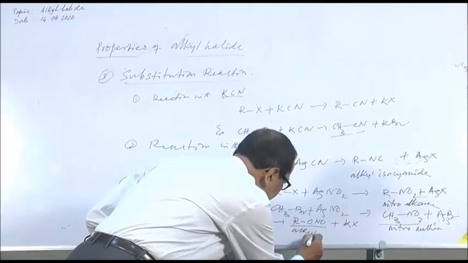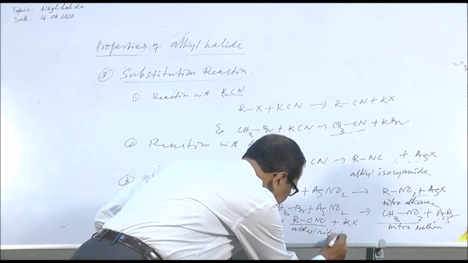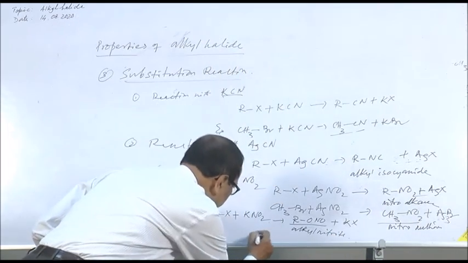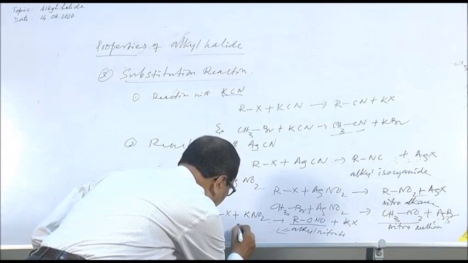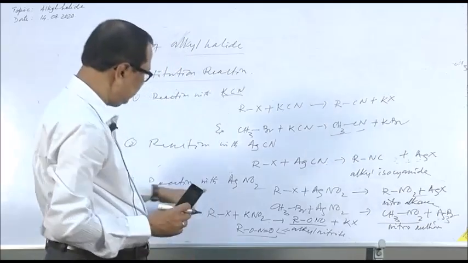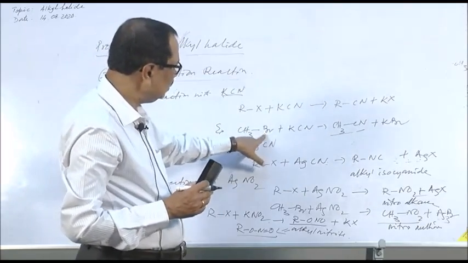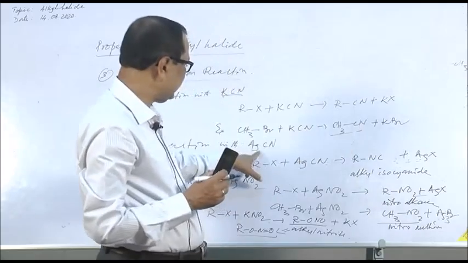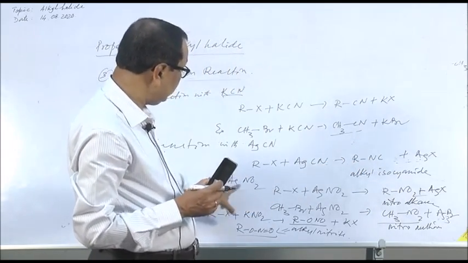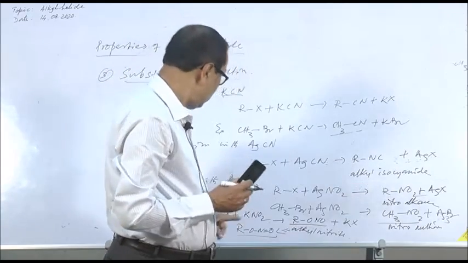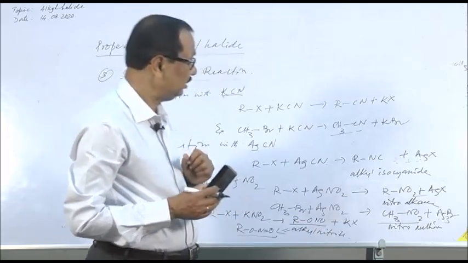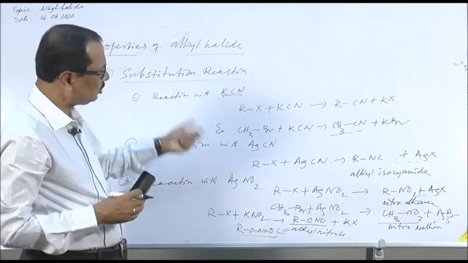This alkyl nitrite is an ester, you can say, which you write in this way, R-O-N double bond O. So mark the difference. Potassium cyanide gives alkyl cyanide, or silver cyanide gives alkyl isocyanide. On the other hand, when you react with silver nitrite, you will get nitroalkane. But if you treat with potassium nitrite, we will get alkyl nitrite. So mark the difference. So these are all substitution reactions.